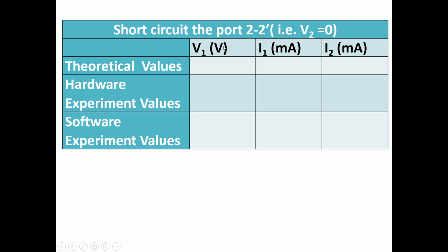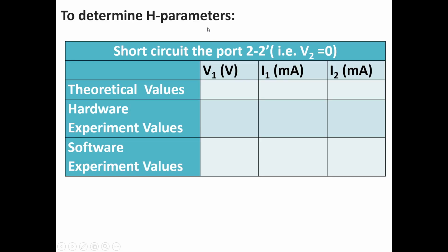So V2 equal to 0, you can determine V1 value, I1 value and I2 value. Theoretically you just find out using the formulas which I will show later on. Using those formulas, theoretically you can determine, okay, or from the circuit you have to do it actually. So from the hardware experiment note down V1, I1, I2, and from software experiment note down V1, I1 and I2.